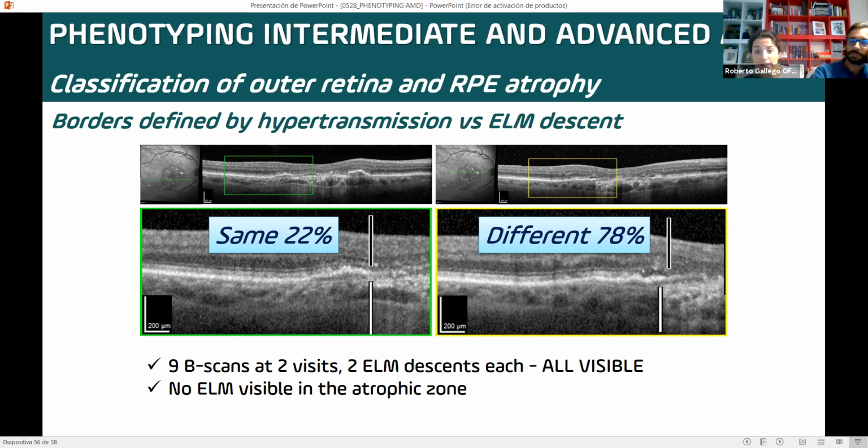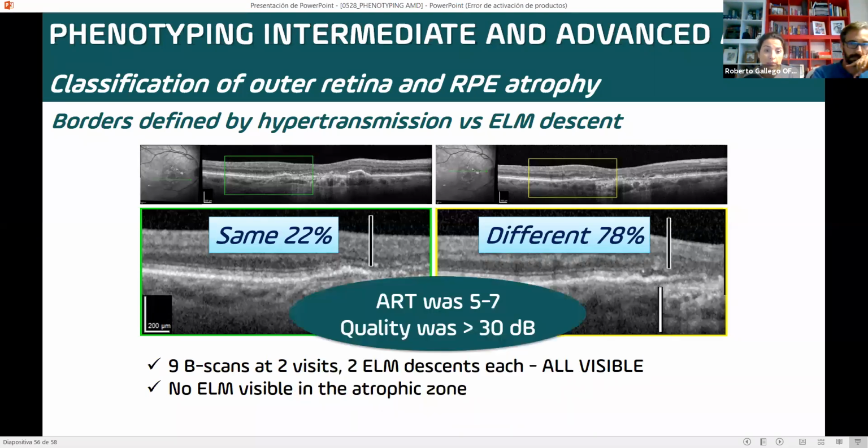But I think it's valid because the margin, the RPE and the ELM descent could be really in different points in the retina, as we are seeing here, in a big percentage of areas in the margin of the atrophy. So that's important to keep in mind.